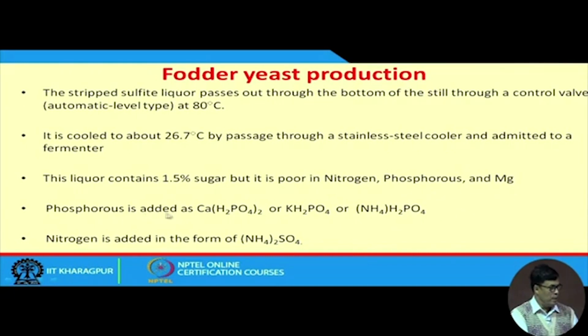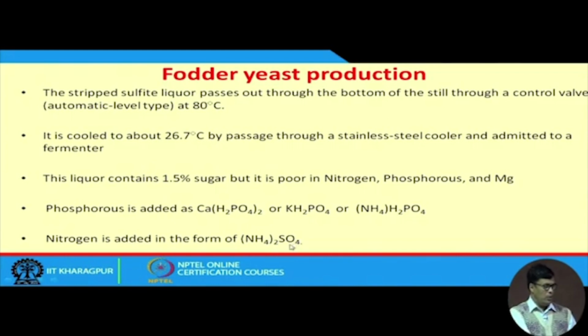The phosphorus is added in the form of calcium dihydrogen phosphate, Ca(H2PO4)2, or potassium dihydrogen phosphate, ammonium dihydrogen phosphate. Nitrogen is admitted in the form of ammonium sulfate.